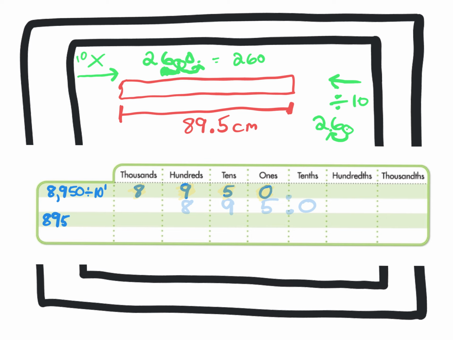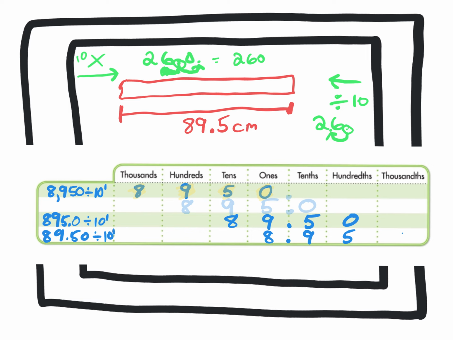if we put 89 divided by 10 to the first, that's going to give us 8.9. And if we write 89 and 5/10, or 50/100ths, divided by 10 to the first, that's going to give us 8 95/100ths.